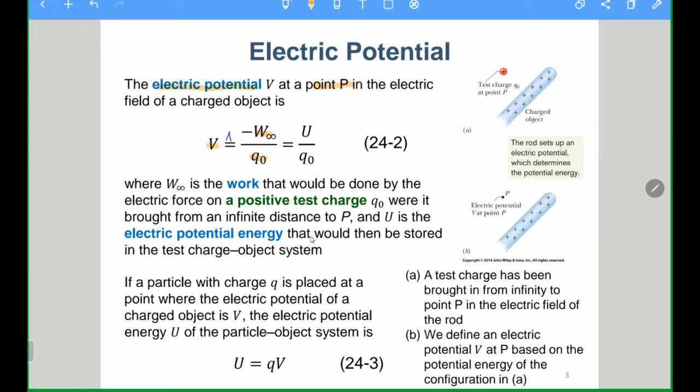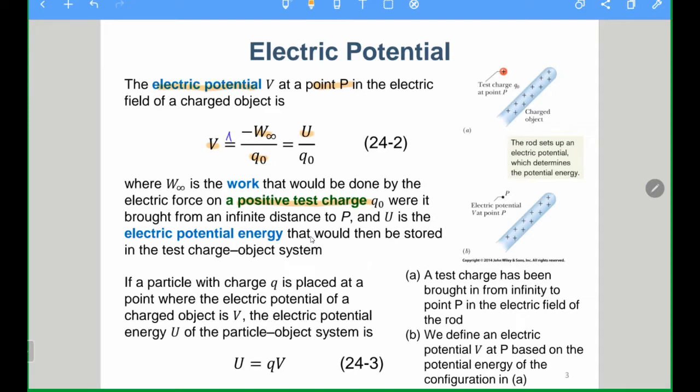In the mechanics class, or physics one, you will have a similar formula where the work done is the negative of the potential energy. So we have an equation like V equals capital U over q naught. Here we also assume that this charge is a positive test charge.